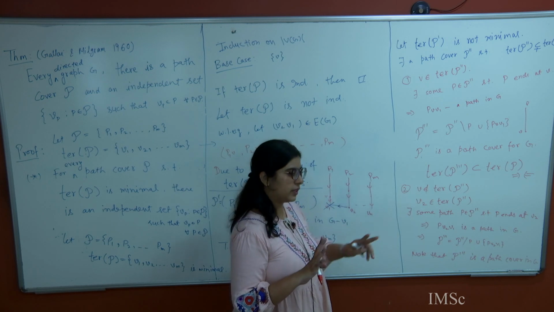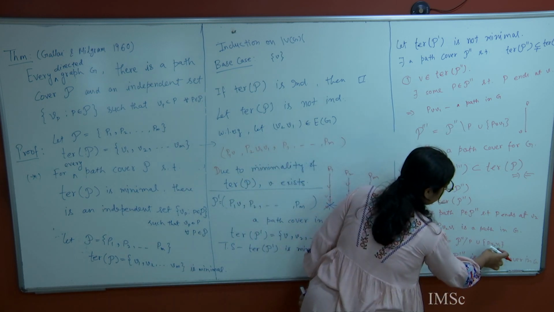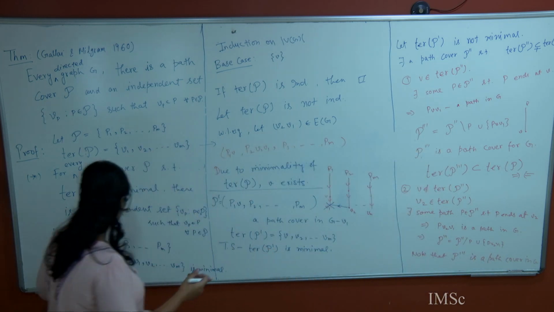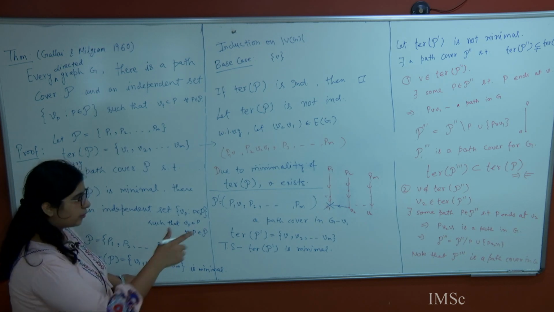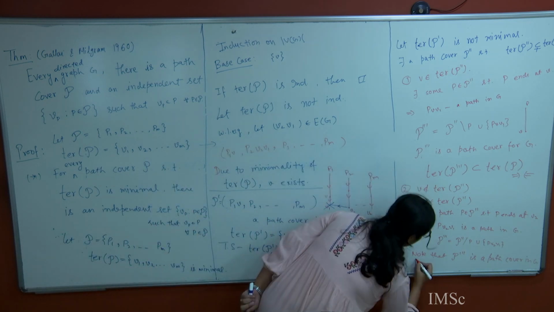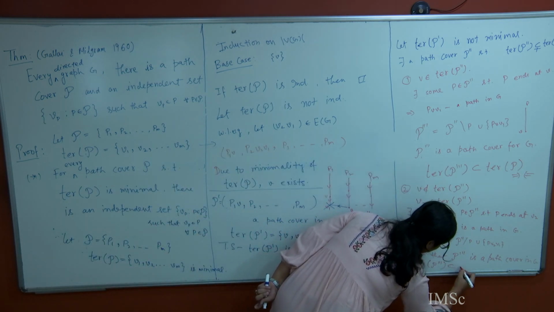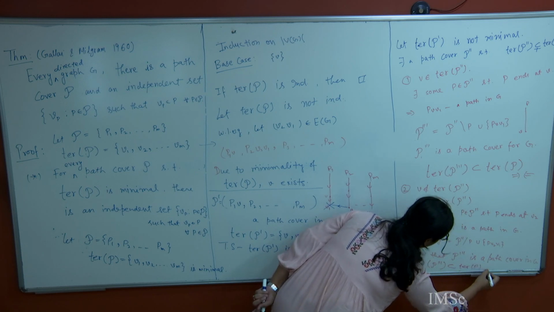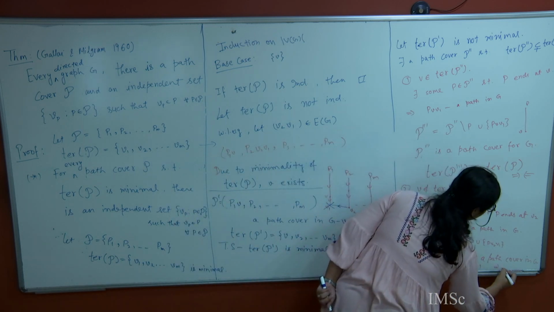So two vertices are not there. Even if you include V1, V was not there in this P also, but now V2 is not there. So the terminal set of P triple prime is a proper subset of the terminal set of P prime. This is again a contradiction.